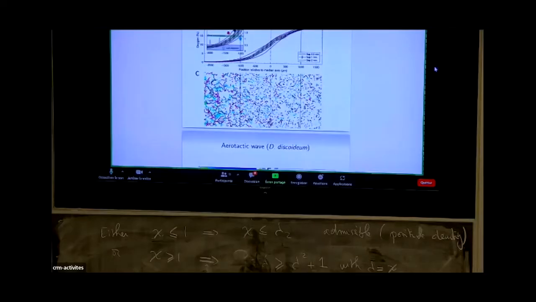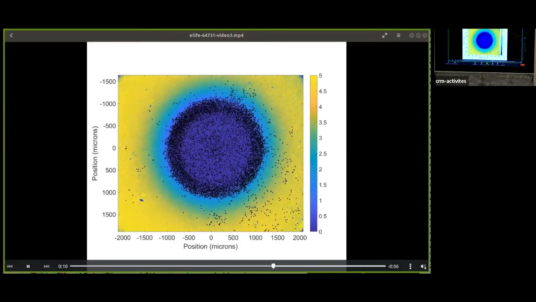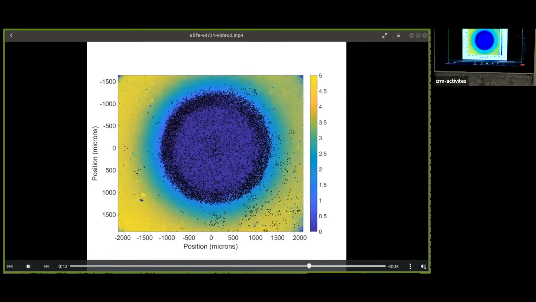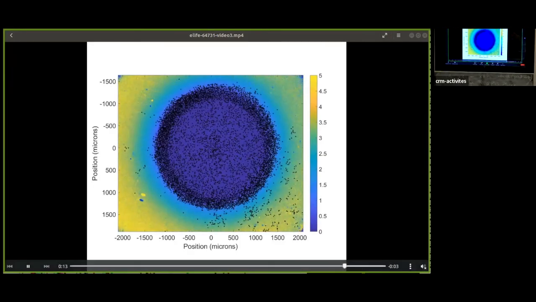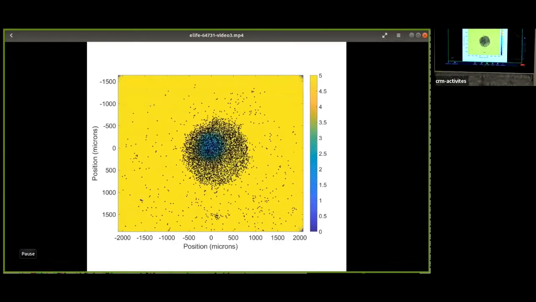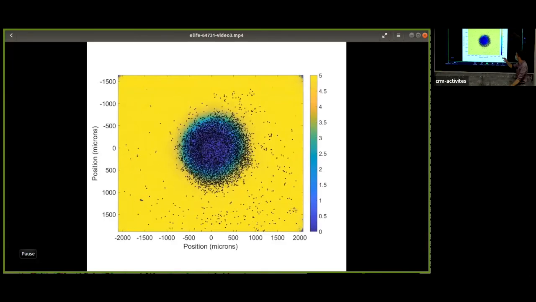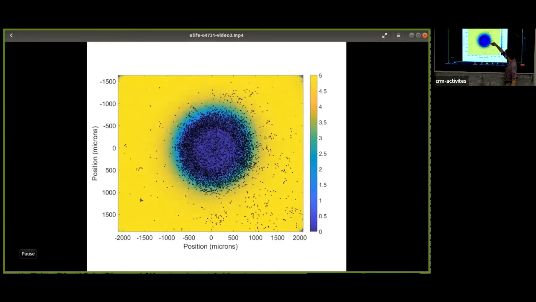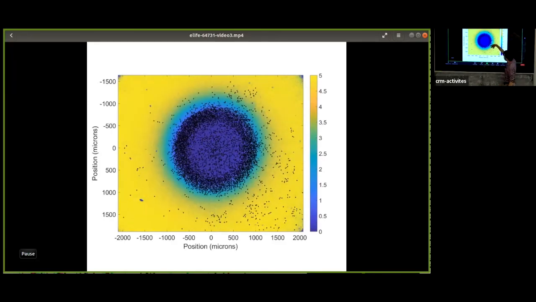If I can take 2 minutes, because to me it's interesting from the modeling point of view. So these are the simulations. Here there are many cells, there are pixels. Cells are moving randomly, and they do essentially this growth thing. And you see that it could reproduce exactly. On the background you see the oxygen level.